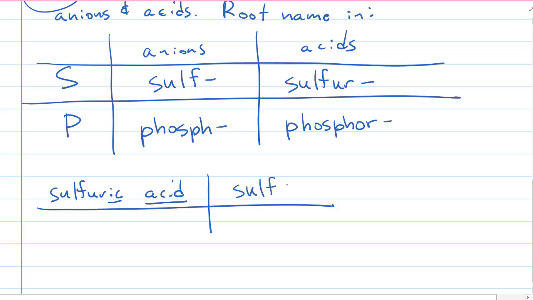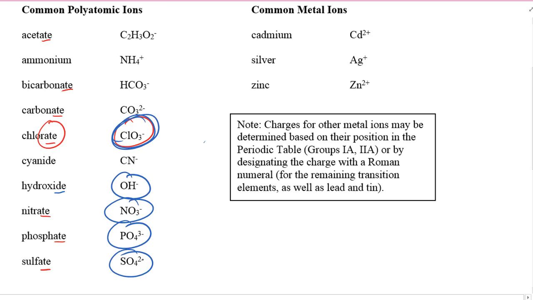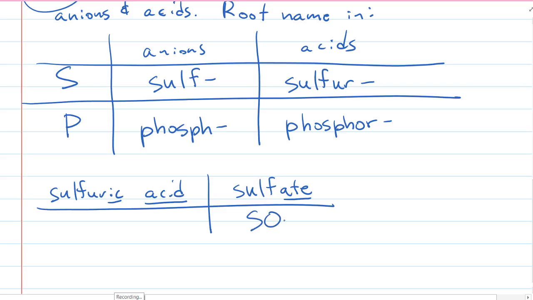It would be the sulfate ion. And notice now we went from sulfur to sulf and IC acid to ATE. So the sulfate is one that we were to have memorized. Sulfate has a formula of SO4 with a charge of 2 negative.